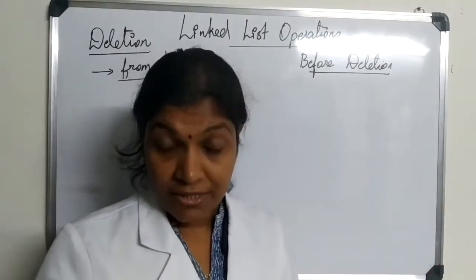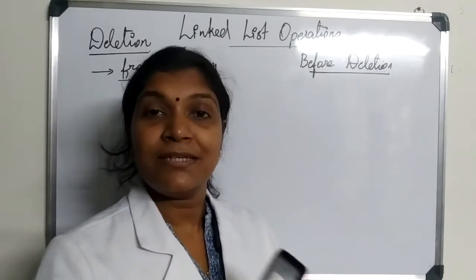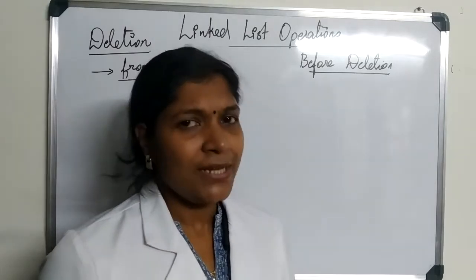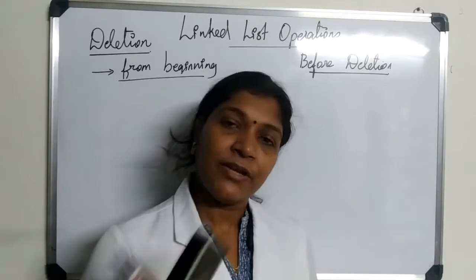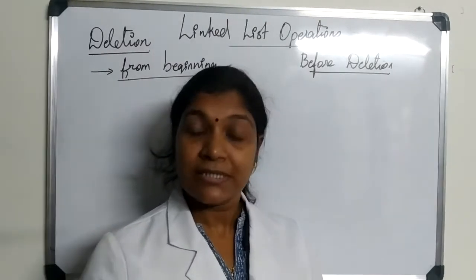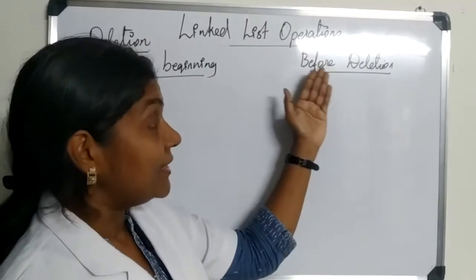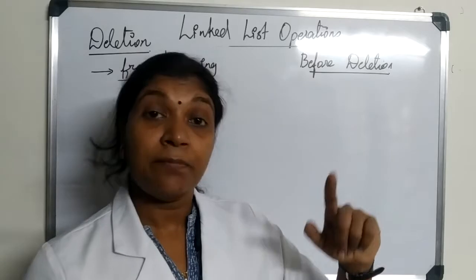But in a linked list, if the memory full case occurs, that would be the exceeding of the entire system memory. Such a case normally doesn't happen. In some rare cases it happens, but we don't consider it because this is dynamic memory allocation. Instead, here in deletion, we need to check whether the linked list is empty or not.